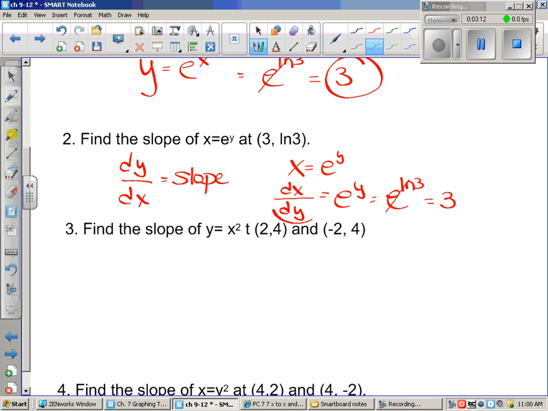What you need to remember is this is not actually the slope, because slope is dy over dx. The reason why I have always told you that you just find the first derivative, that's how you find slope, is because every equation you have done up to this point has been y equals. Are you following me?